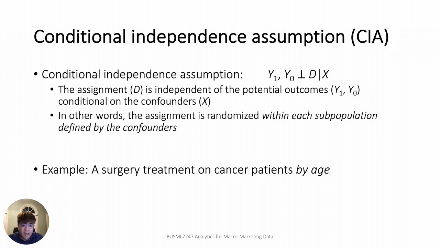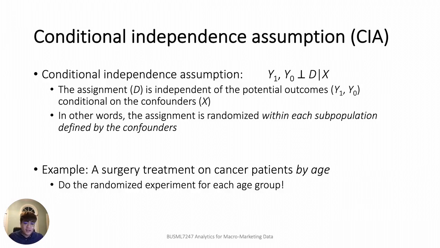In general, efficacy of a treatment depends on patient age, implying that age is a potential confounder of the treatment effect. In such cases, researchers usually conduct a separate randomized experiment for each age group.